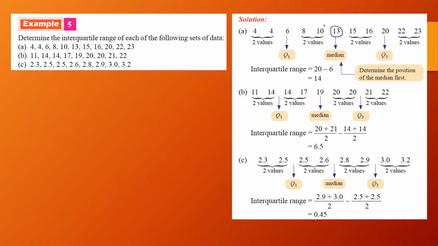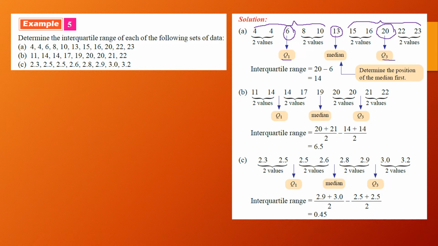So before 13, you have 5 data and the center part is 6. So this is Q1. Q1 is the first quartile. And same goes for the second part. You have 5 data also. So the center value is Q3. Q3 stands for third quartile.